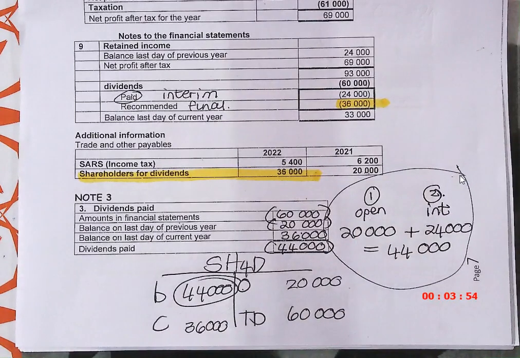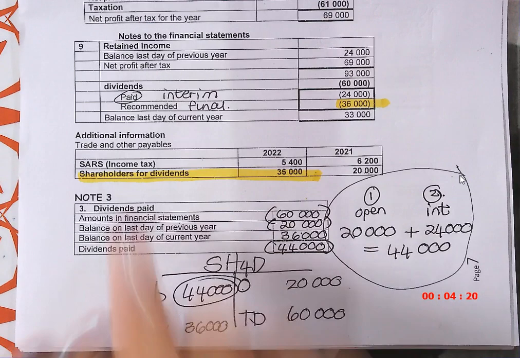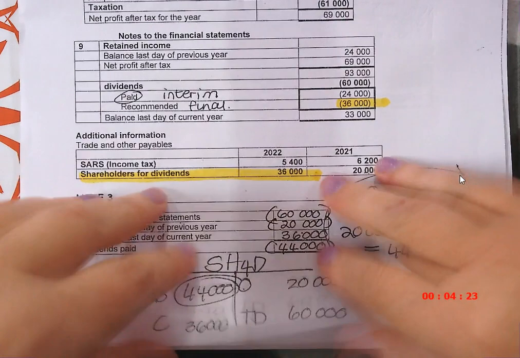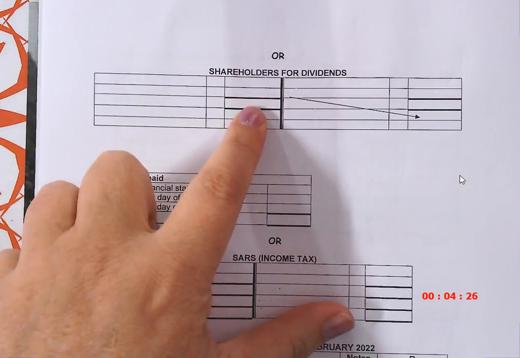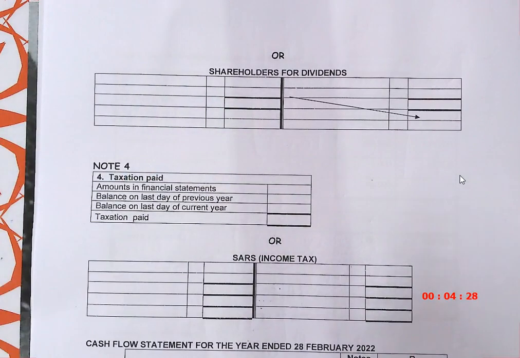Either they'll give you the face of the cash flow and you have to fill in dividends paid, or they will give it to you like they usually give note 3, where they say 1, 2, 3, 4, solve the Roman numbers. Then they will say dividends paid, and then you'll have to do a calculation. But they will not ask you to do note 3 like this or note 3 like the T. They won't tell you the method to use. But I'm going to show you all 3 methods.